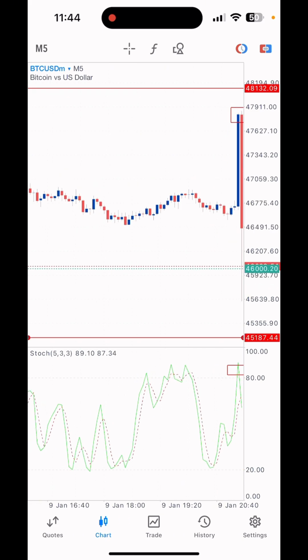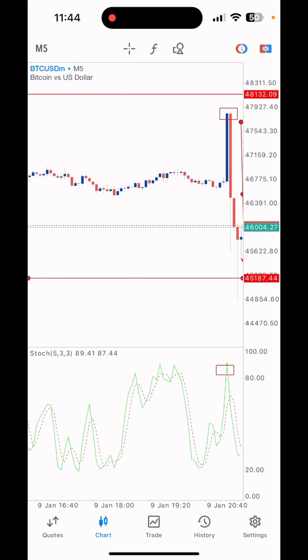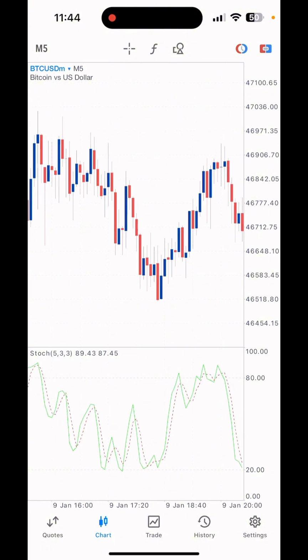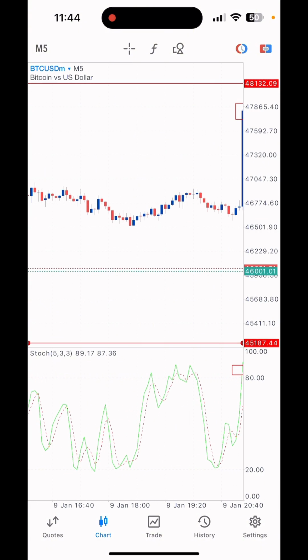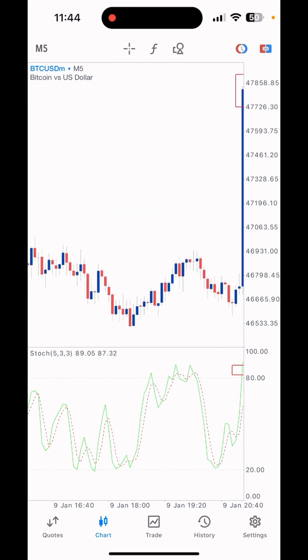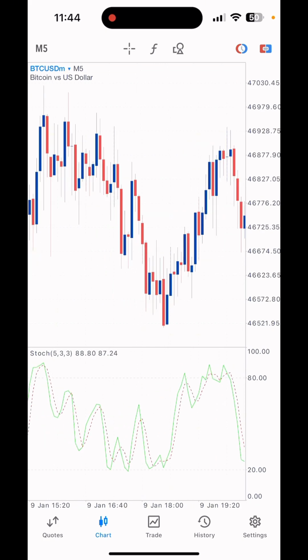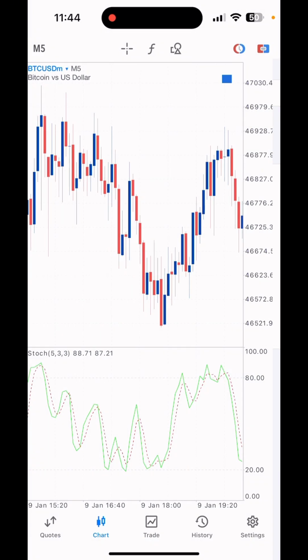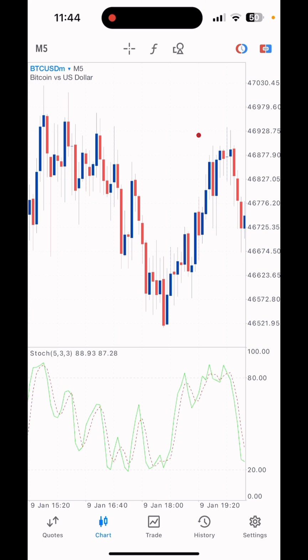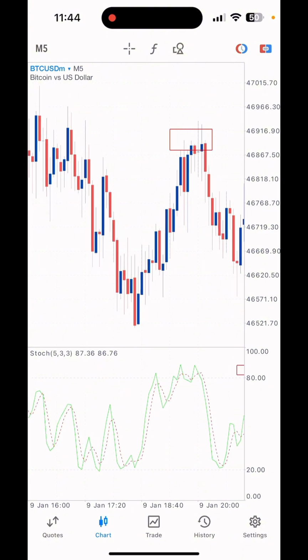Okay, let's check the third test. This is the third test. Okay, this is the third test. When price touched 80 and above here, around here, it actually sold.